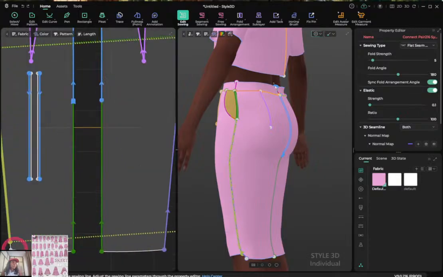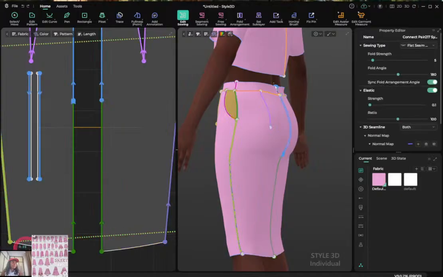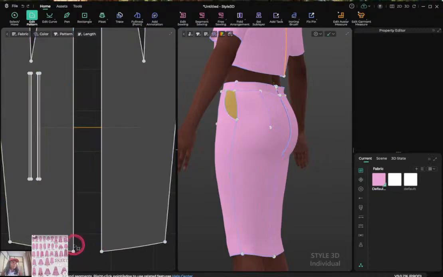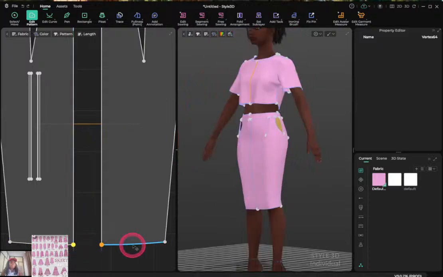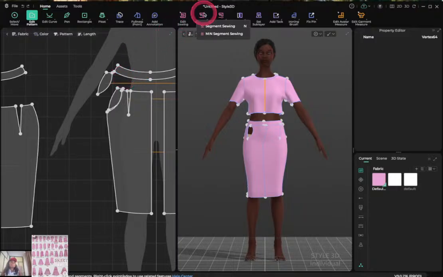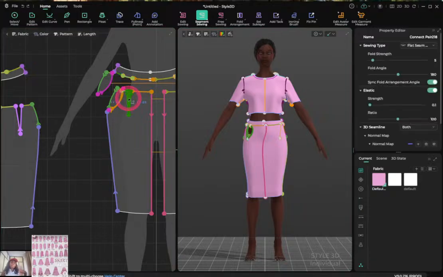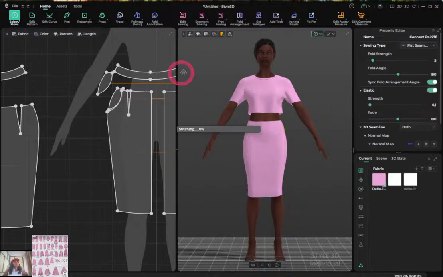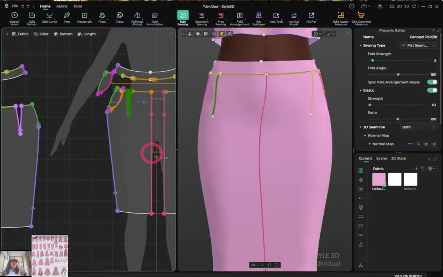So this side is. Yay! So what I'm going to do is I'm going to delete the sewing here.